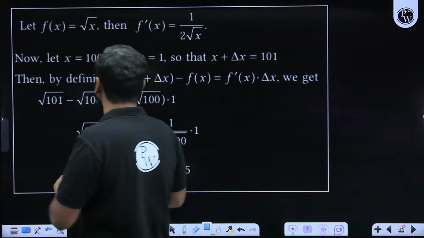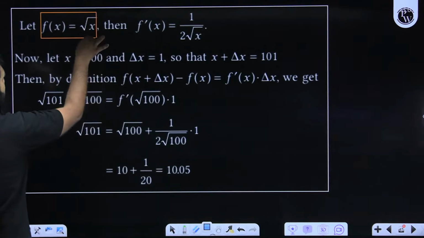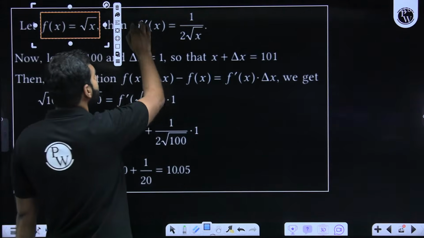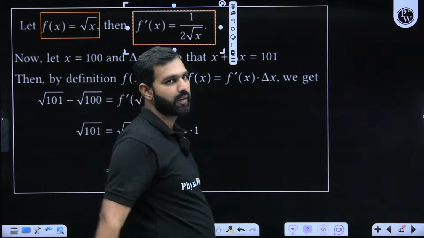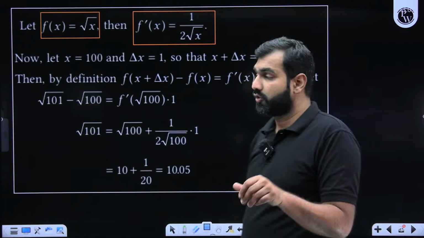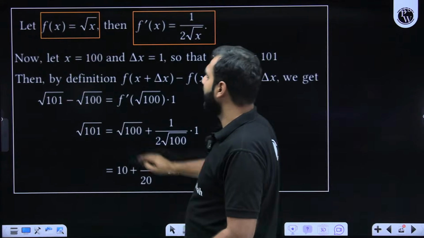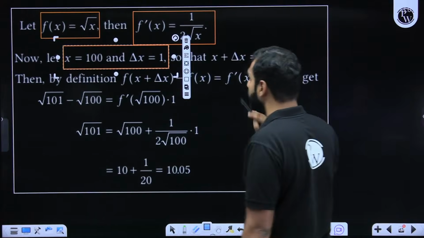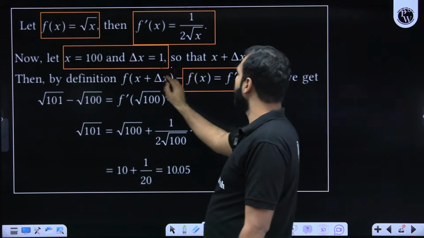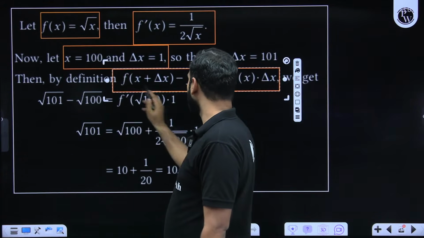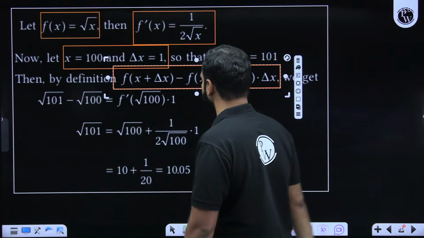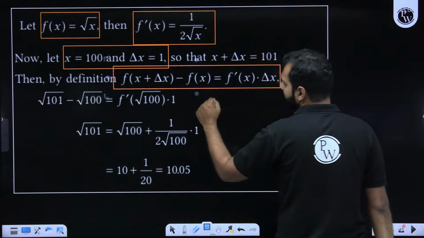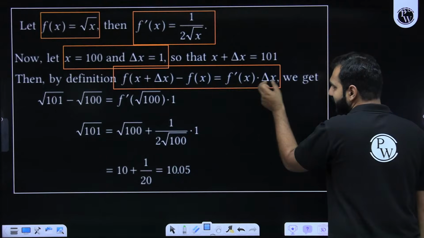Let's take the function under root x. Its derivative will be 1 by 2 root x. The concept of approximation says that if I take x as 100 and del x as 1, this result always holds true: f(x + del x) minus f(x) is approximately f'(x) into del x.